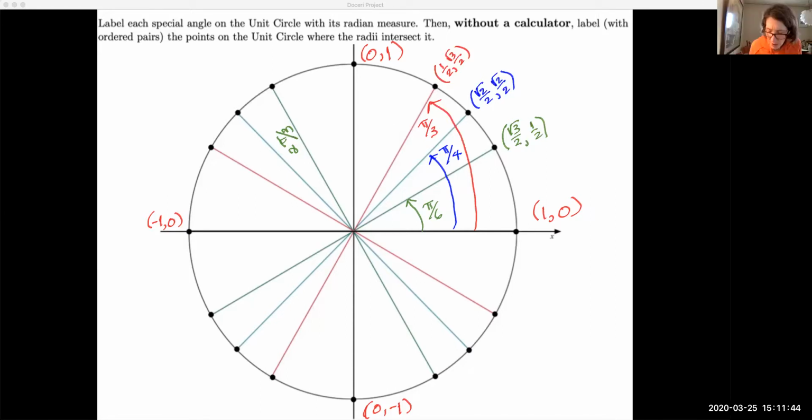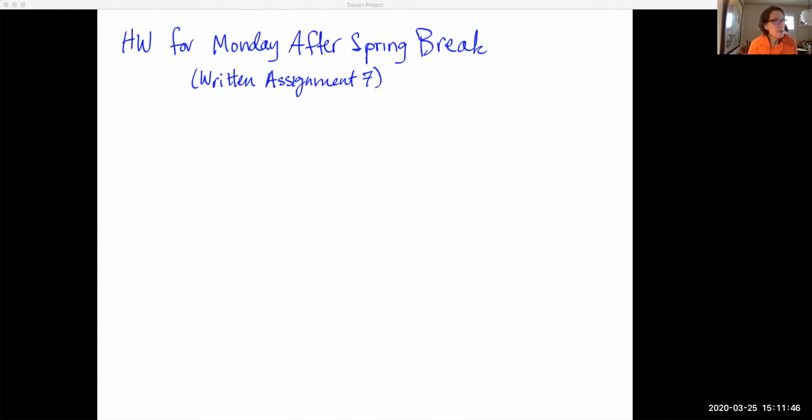All right, so here's what your assignment is going to be. You're going to have to scan it and upload it as a single PDF, like you did on the test. So use your app on your phone if you don't have a printer that scans. I haven't posted it on Canvas yet.